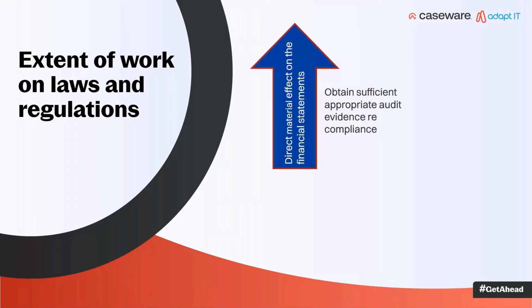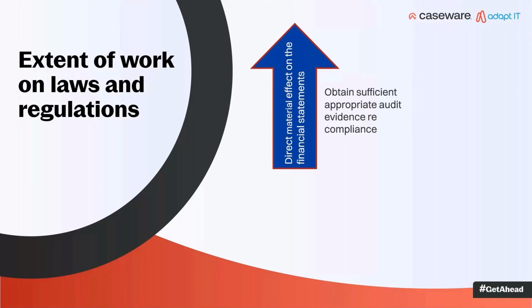All right. Then if we've got that purple block where we first say there's a law or a regulation that needs to be complied with, and they will have a direct effect on the financial statements. We've got this arrow going up that says, now I need to do a lot more work. I need to actually obtain sufficient appropriate audit evidence about the client's compliance here. I need to actually perform field work, audit work, to test the client's compliance.